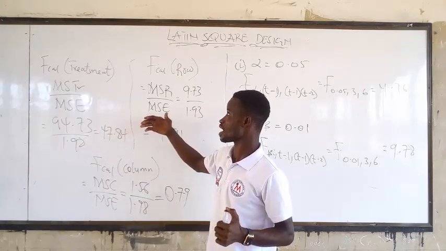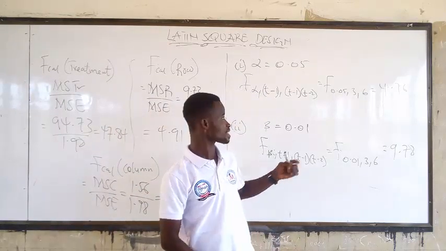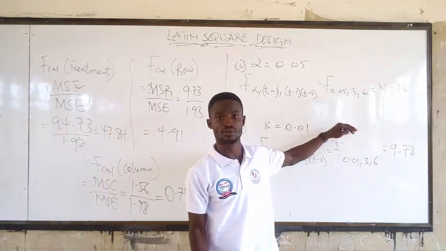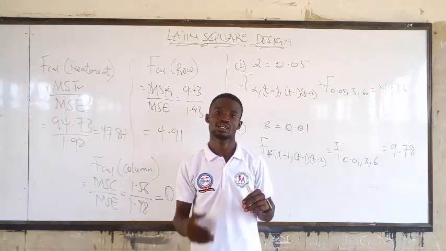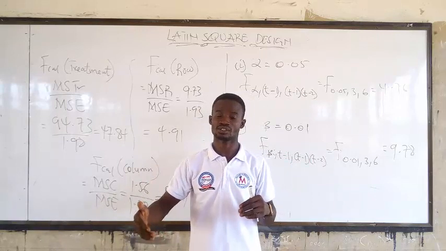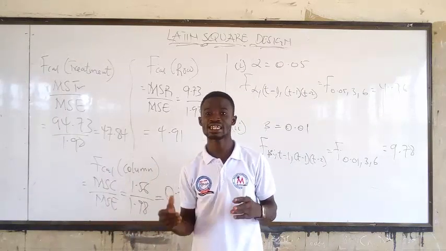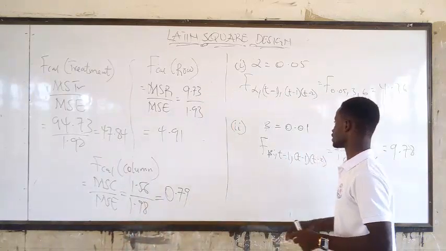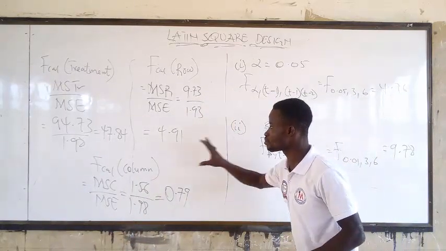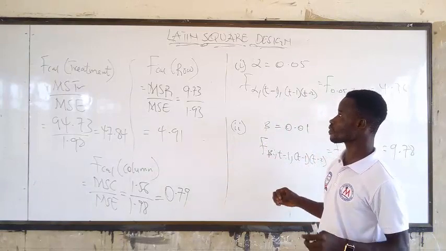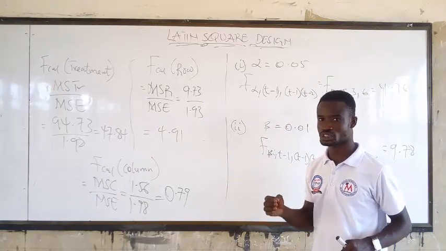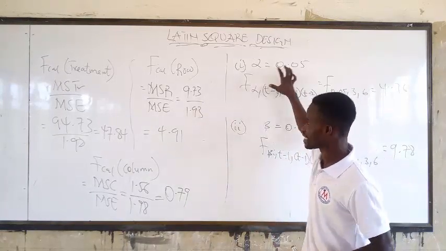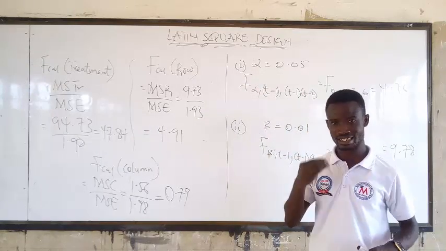And if F calculated is less than your critical level, you fail to reject the null hypothesis and conclude that there is no difference in the mean. The same way, you do the same thing for this. So in all, you are going to get about 6 conclusions, because you get 3 here and 3 here.